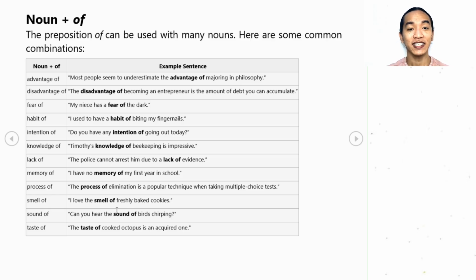Okay, intention of. Do you have any intention of going out today? Knowledge of. Timothy's knowledge of bookkeeping is impressive. We have lack of. The police cannot arrest him due to a lack of evidence, not enough. We have memory of, process of, smell of, sound of, and taste of.